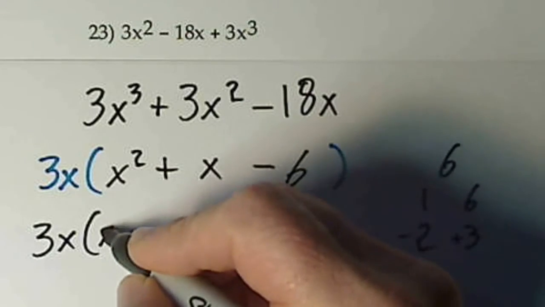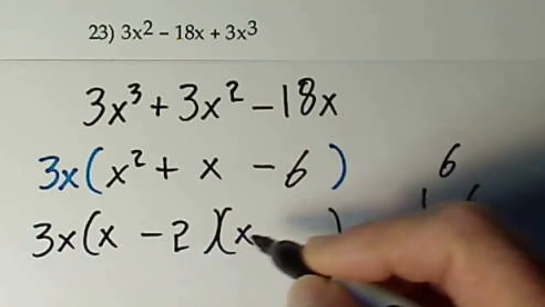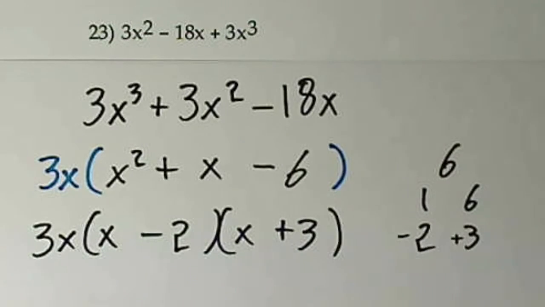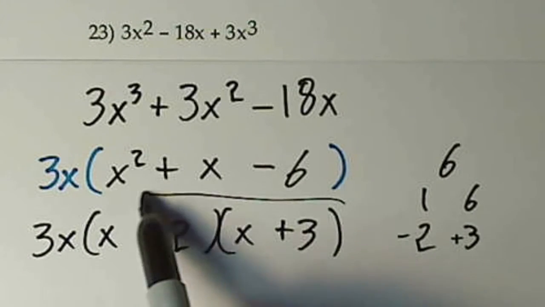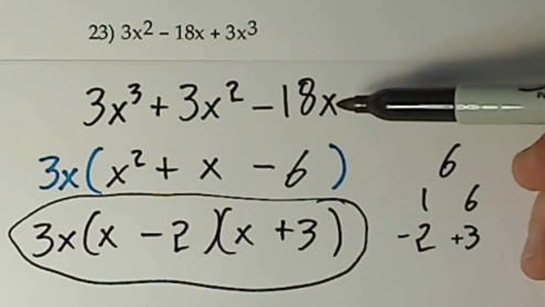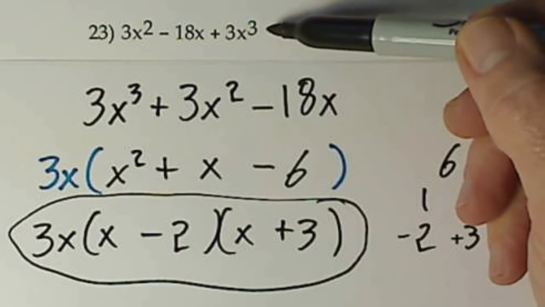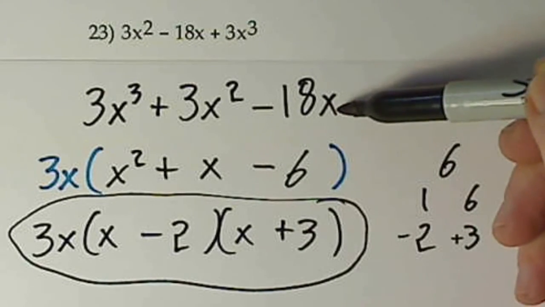To get your x squared, you're always using an x and an x, and then I have minus 2 and plus 3. Okay, so this is the factored form of your original trinomial. Well, actually the original trinomial is up here, and here we just rearranged it.